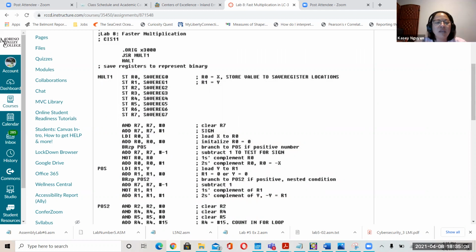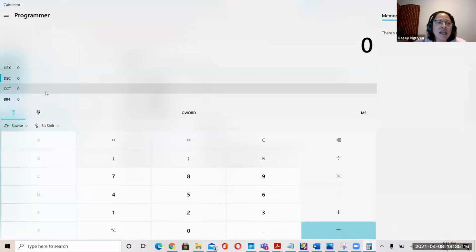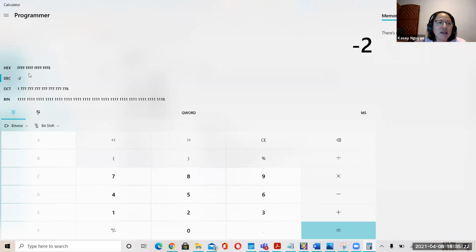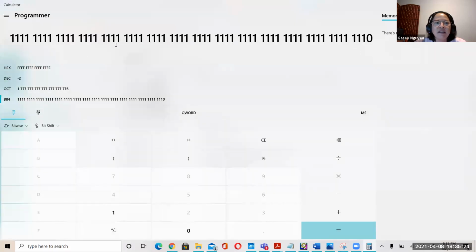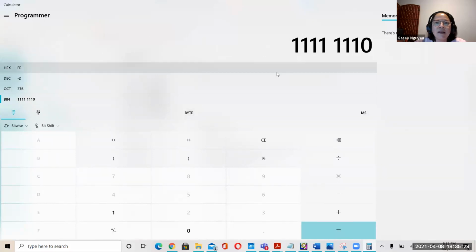Because if you're looking at a value, let's say I have -2, when I look at the binary, it would have these 1s in the front.